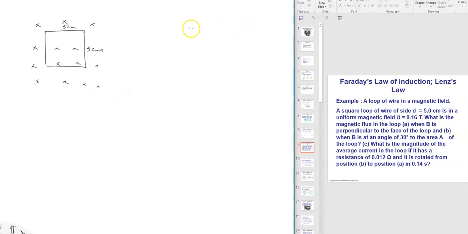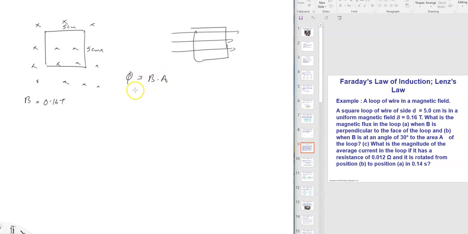Because if I put the coil like this and draw the magnetic field like this, it's parallel to it and it won't do anything, so that's kind of useless. So now the magnetic field is perpendicularly going through it. The B field is 0.16 Tesla. What is the magnetic flux in the loop?